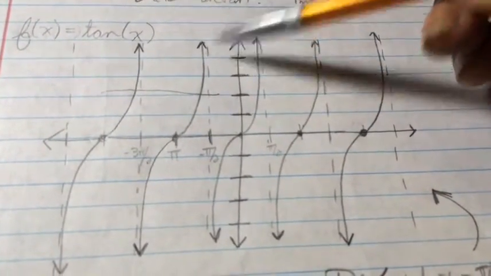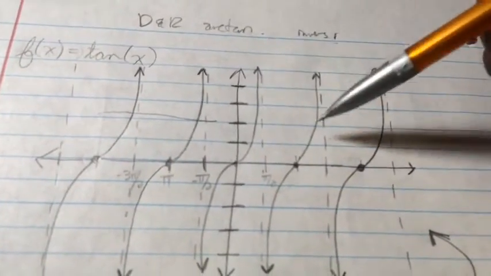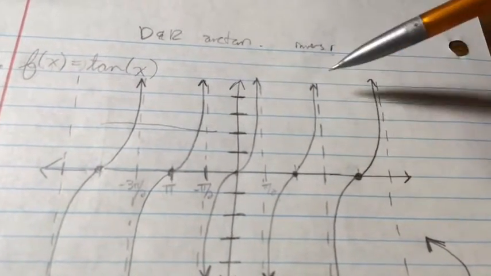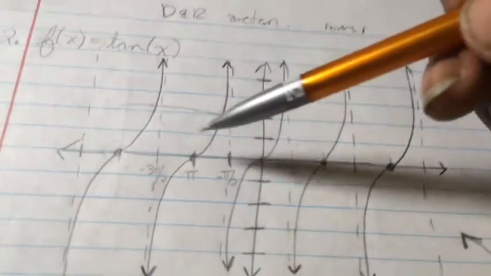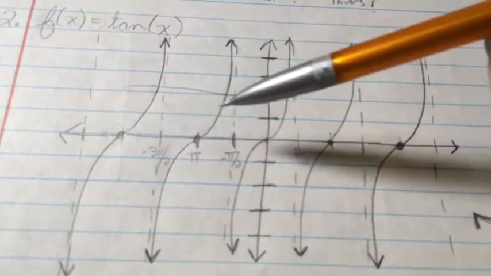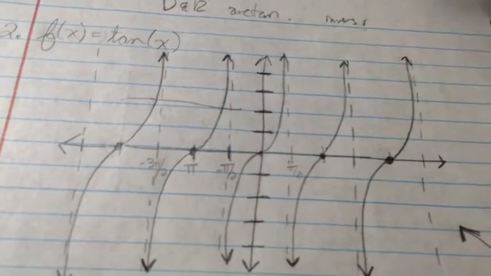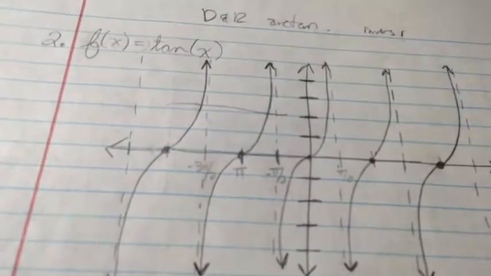And when you restrict the domain, you would choose an interval in which the function is either completely increasing or completely decreasing. And between every pi over 2 plus pi times any integer, that function is continuous. So the easiest interval to choose would be from negative pi over 2 to pi over 2 for tangent.